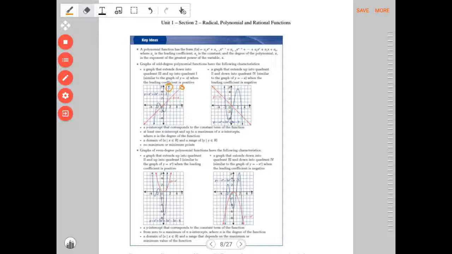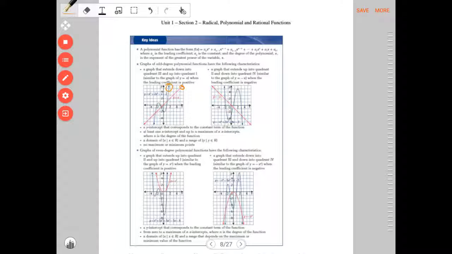So we talked about what makes a polynomial. The odd degree have the following characteristics. The graph extends down into quadrant 3, up into quadrant 1. If the graph extends up into quadrant 2 and down into quadrant 4, then the leading coefficient is negative.